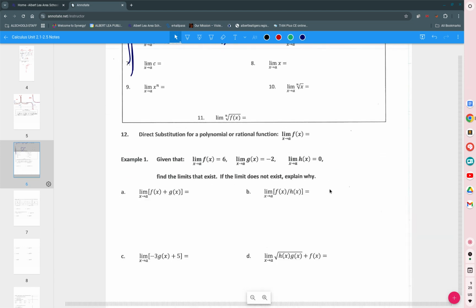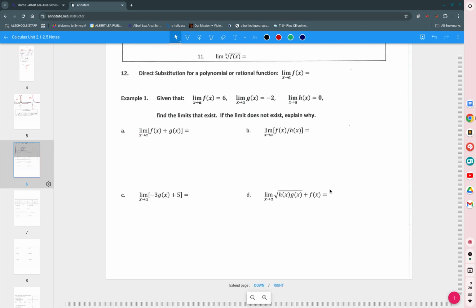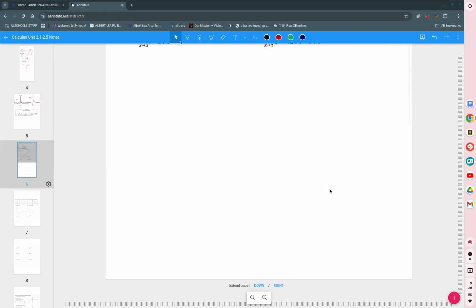The limit as x goes to a of a constant. What does the graph of a constant look like? Horizontal line, right? And so suppose we have something of this nature. Suppose we have the limit as x approaches 1 of 3.